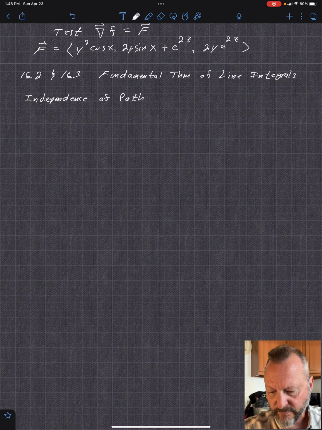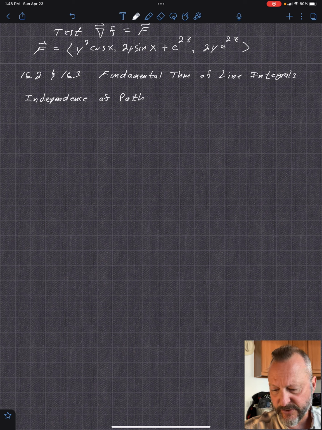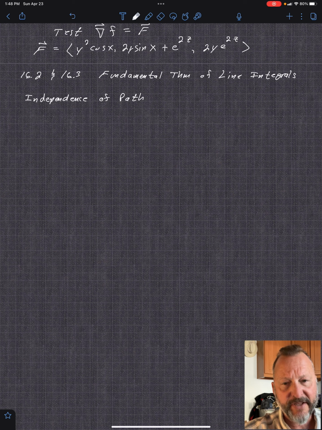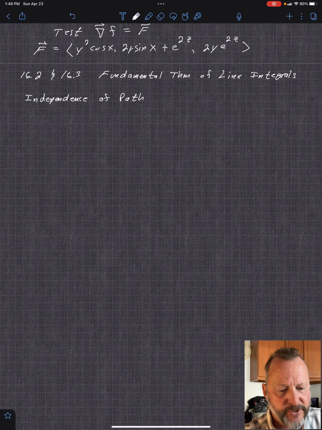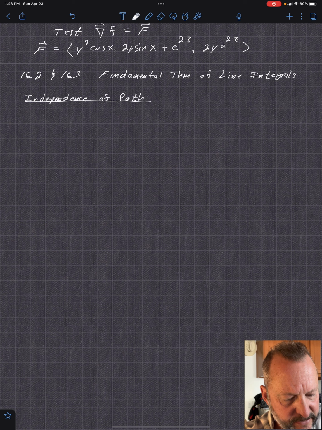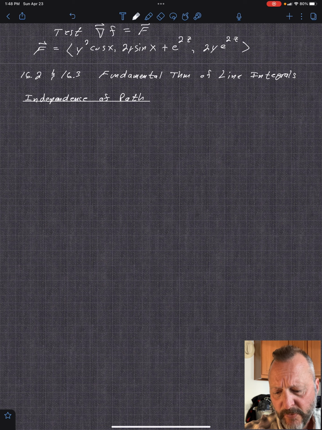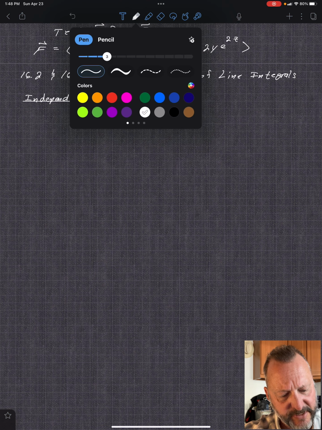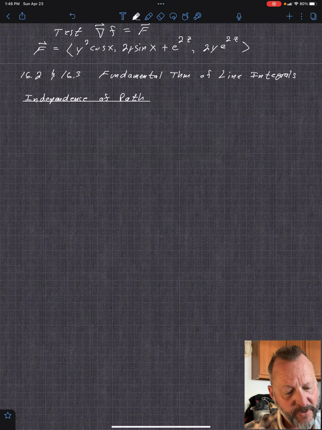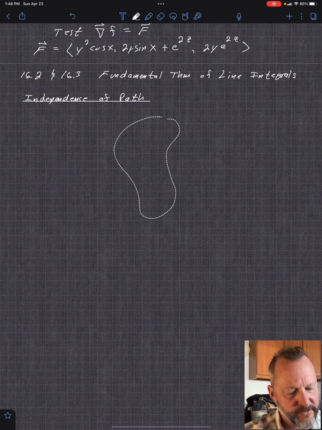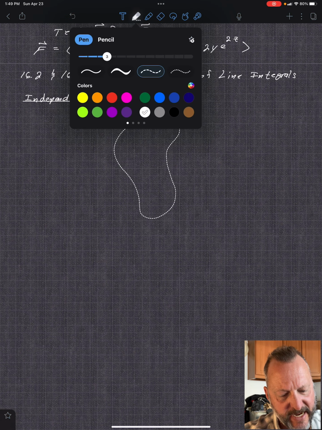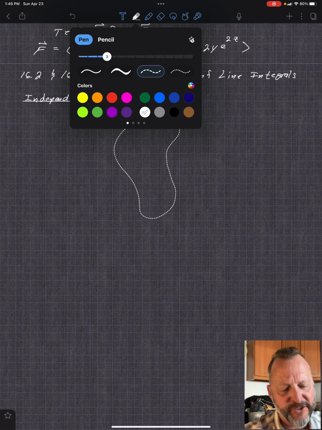So let's take a look. The first thing is independence of path and that concept. Let me show you that. The idea, and I'm going to show you this first and then we'll go back and define it, is suppose you have a region R in the XY plane, and the definition will say it's open, so I drew it open.